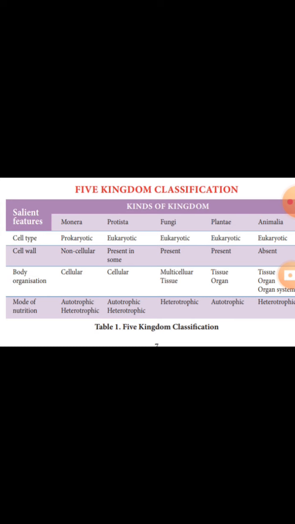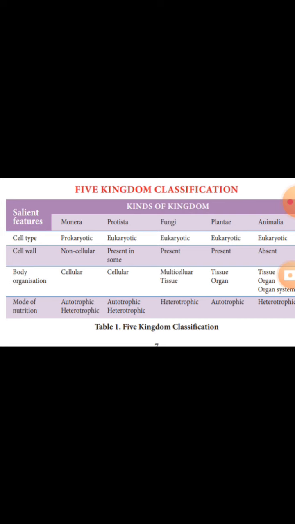Also mode of nutrition, either autotrophic or heterotrophic, and phylogenetic or evolutionary trends. These are all aspects classified and explained in the five kingdom classification of R.H. Whittaker.